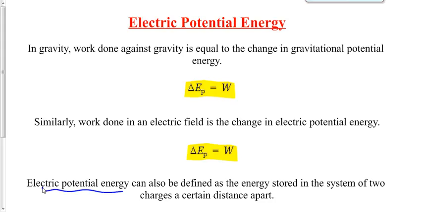Well, strictly speaking, we should have defined gravitational potential energy as the energy stored in the system of the board marker and the Earth a certain distance apart. The reason we didn't define it that way is because the Earth is so heavy, it really has no potential to rise up to the board marker.